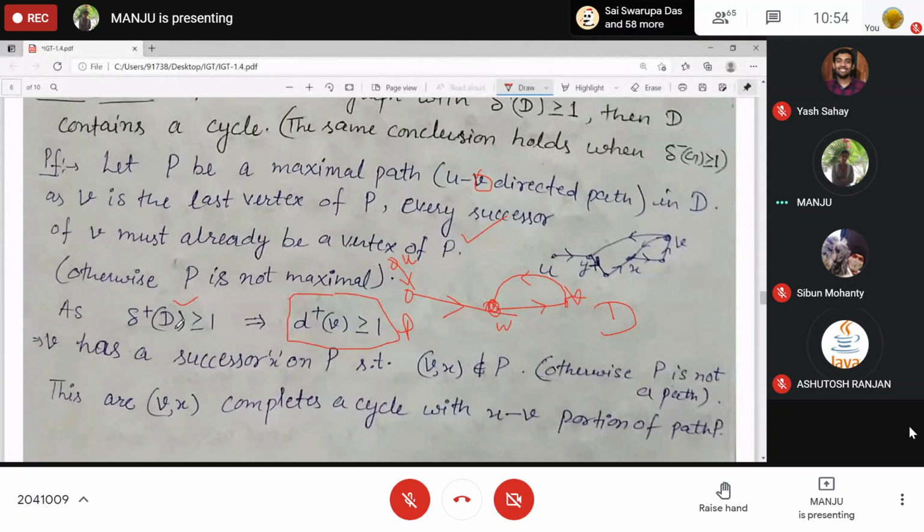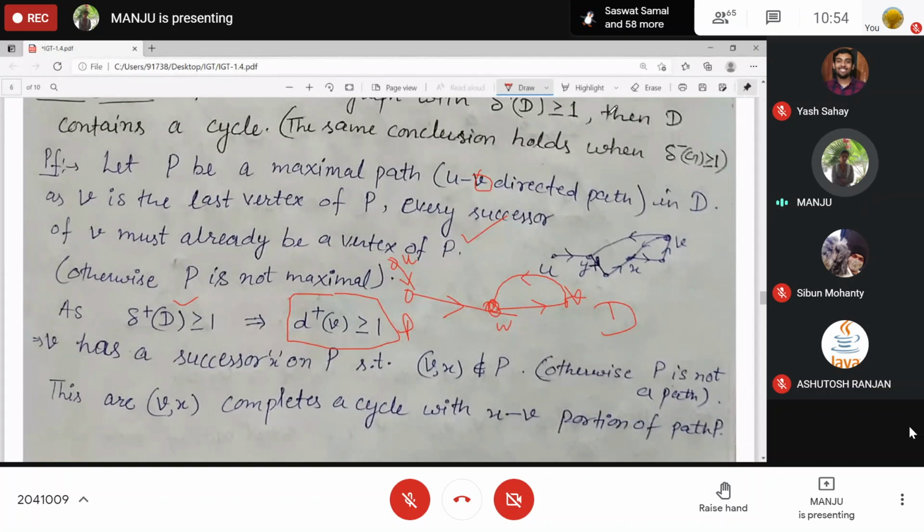Yes, ma'am. Hello. See, in degree कम से कम 1 है, so the degree of all the vertices is also greater than or equal to 1. Now V has a successor on P, that W, or you can just make it X if you want.